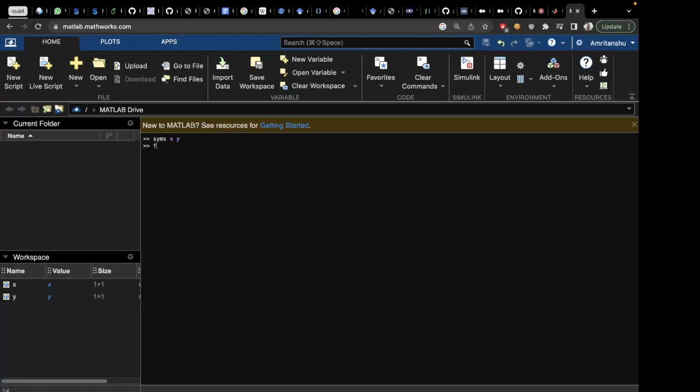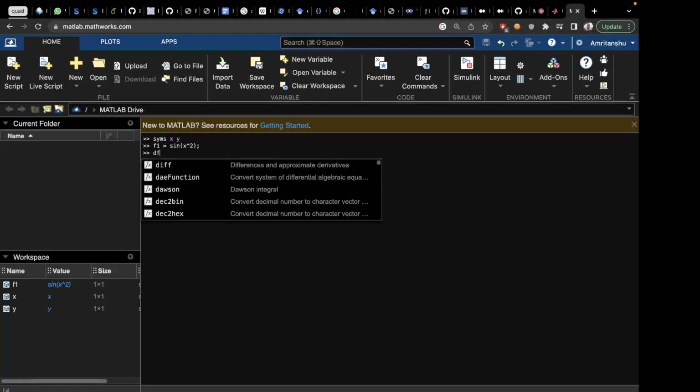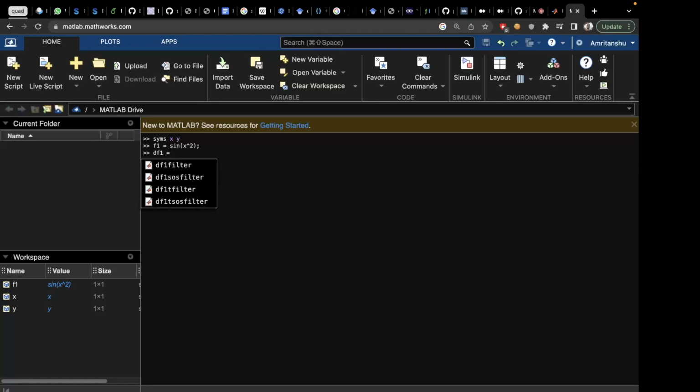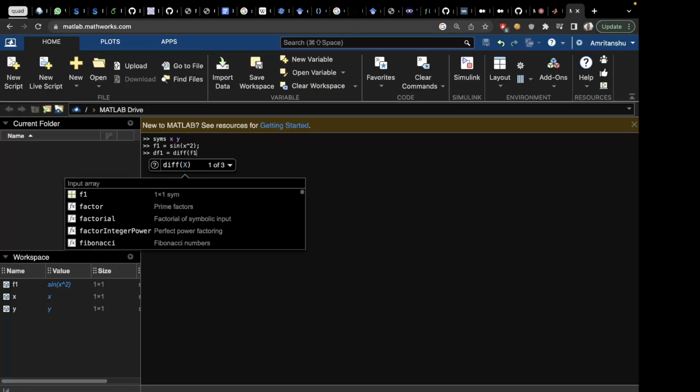Right. Now let's define the first function f1 as sine of x square. So now let's compute the first differential of this function. We will use the diff function, and the first input would be the function which we want to differentiate.